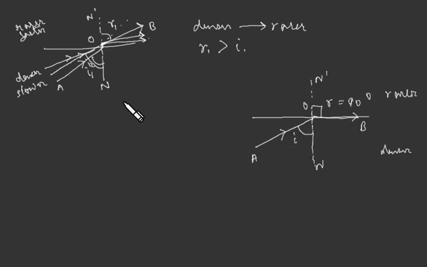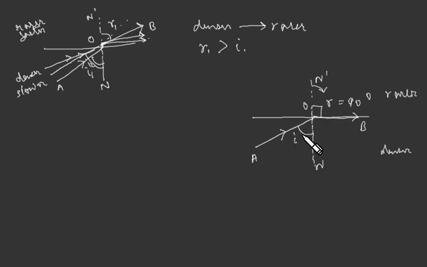Alright, because the light keeps on moving away from the normal when it is refracting from the denser to the rarer medium, by increasing the angle of incidence slowly, we will reach at some point where the angle of incidence becomes such that the angle of refraction becomes 90 degree, because it keeps on moving away from the normal slowly.